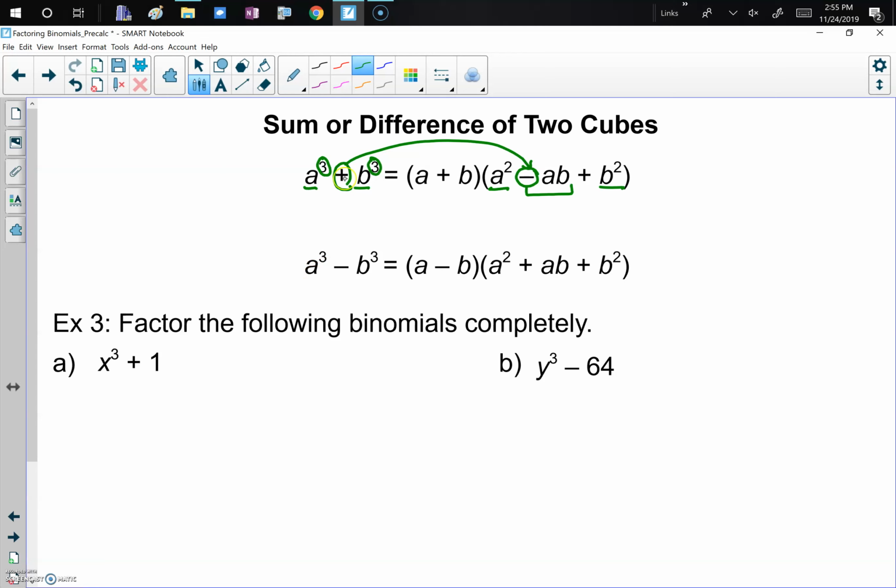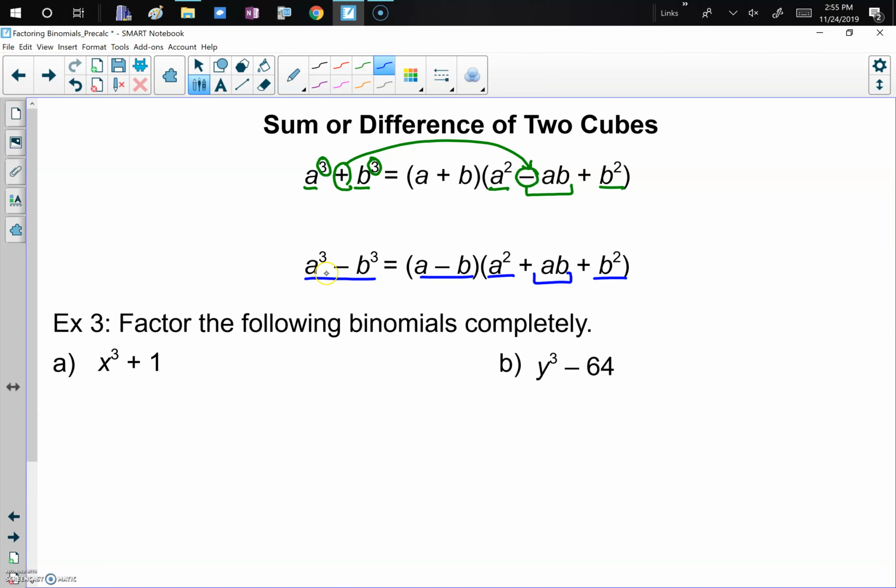So using that same sort of process for the difference of two cubes, we can see the binomial term is the same bases and the same sign, a minus b, this time with no cubes on them. And then for the trinomial, it's the first base term a being squared. The last term is our last term b being squared.